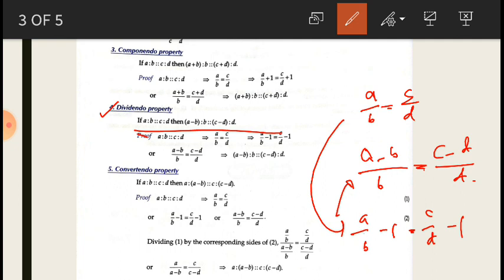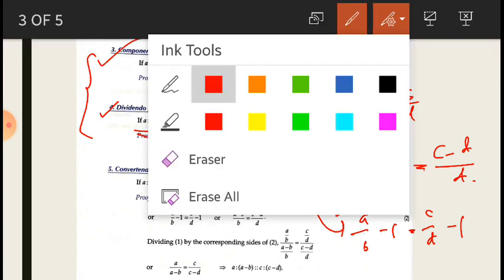In this way you can talk about the componendo and dividendo properties. Sometimes you have to use the componendo and dividendo properties together. So just remember these properties. They are quite important and are used in various ways.